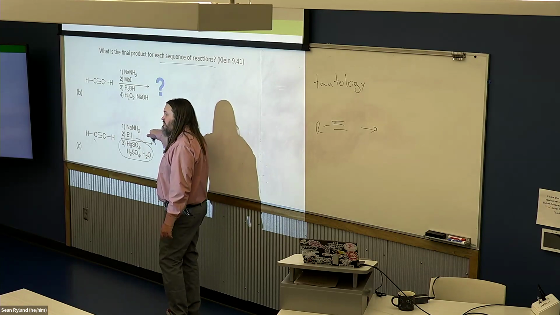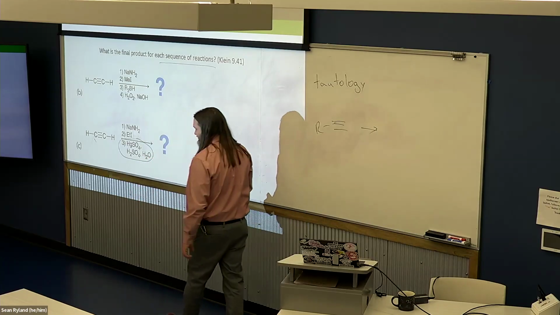No, that's just because this is one of those reaction series where it does two steps, and then the third step here is the way we write an acid catalyzed hydration for alkynes.